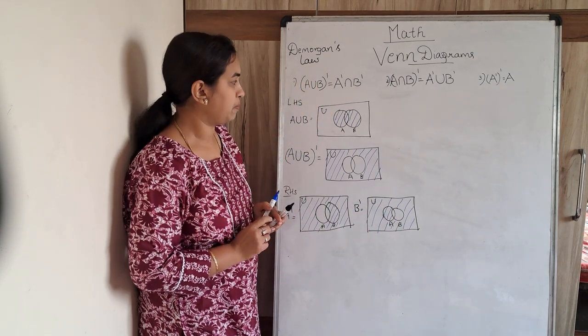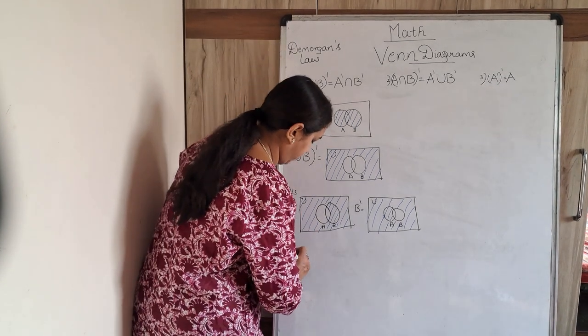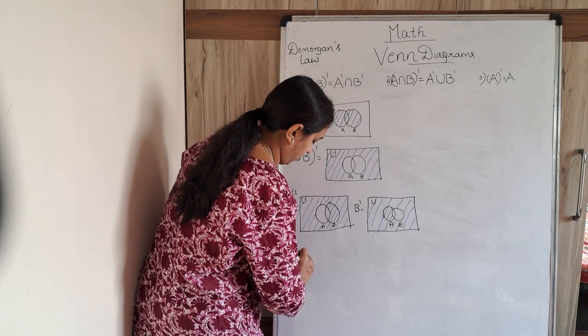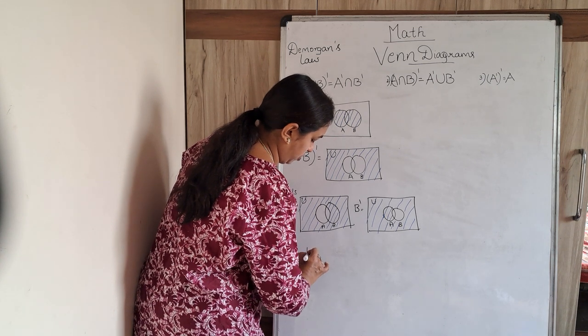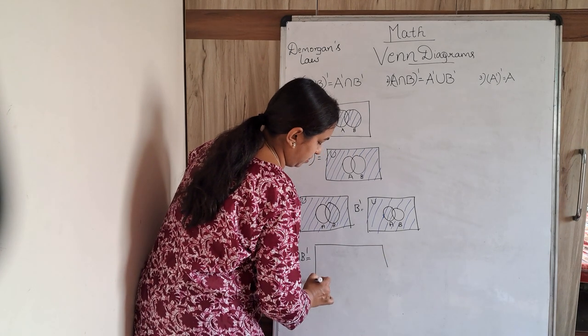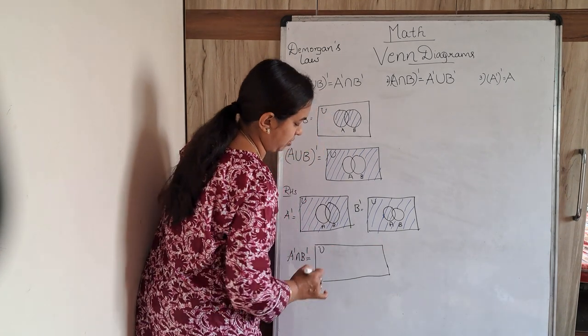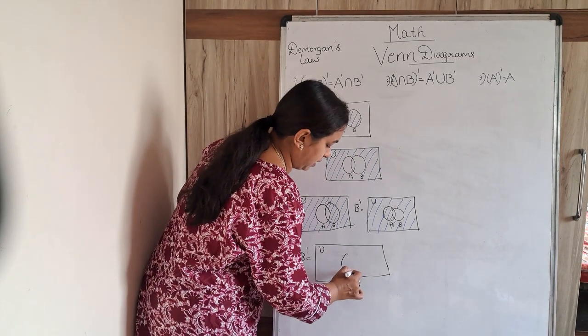So this is our B dash. Next, A dash intersection B dash. So in order to represent A dash intersection B dash, you need to write down the set A and B again.